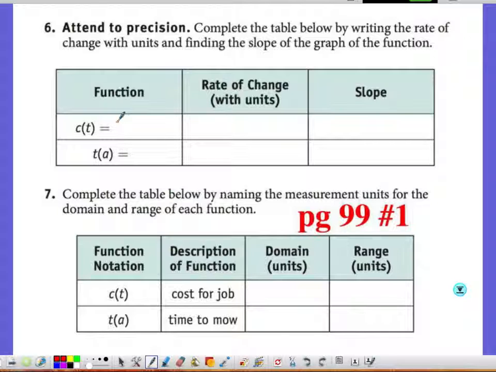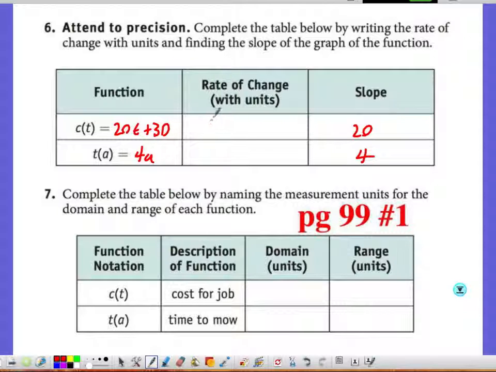Okay, so to begin this, there's also some important details we have to notice. Number 6, complete the table below by writing the rate of change with units and finding the slope of the graph of the function. Okay, so remember our function C of t was 20t plus 30, and T of A was 4A. The slopes are very easy to find.